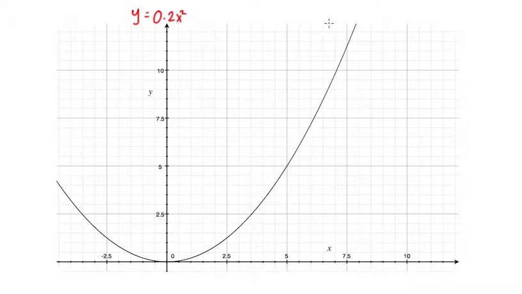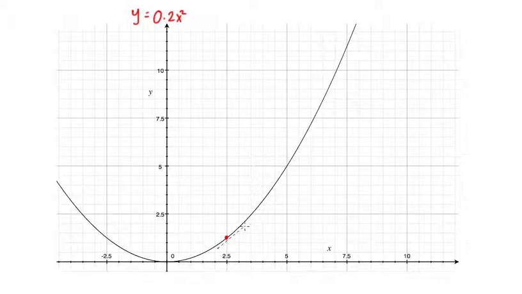So this is a quadratic function facing upwards, and that's the equation. So let's say, for example, I wanted to measure the slope where x equals 2.5, right at that position over there.